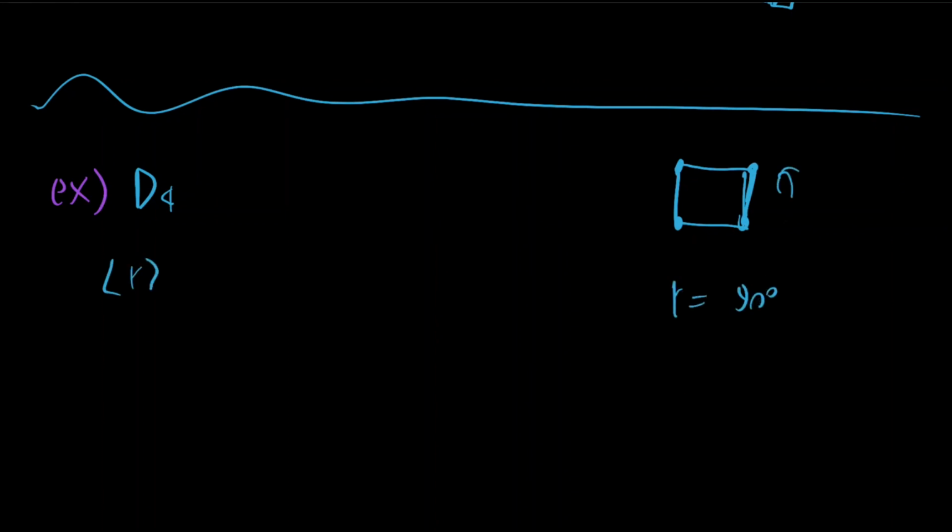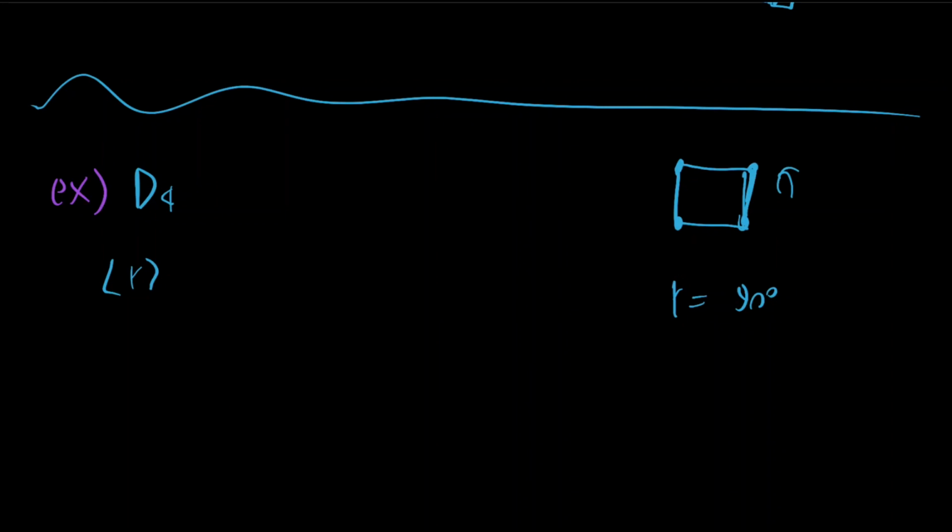So let's look at some examples of cyclic subgroups generated by some elements. For example, we could take the dihedral group D4, which is the symmetries of a square. Remember R is a 90 degrees counterclockwise rotation.